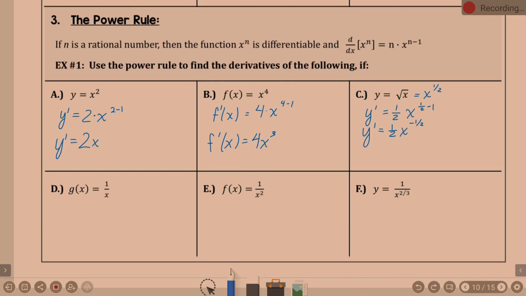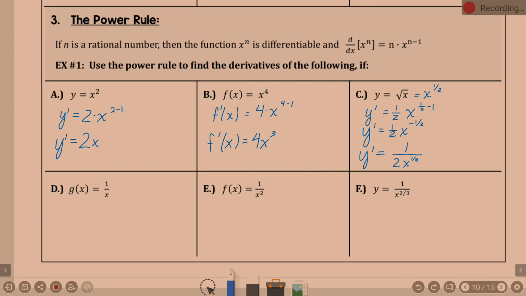So, while I said yes, we were starting on the right track, we have to go one step farther. How could I rewrite this? Move it to the denominator. So, what do we know about the 1/2? The 2 is already in the denominator, yes? The 1's going to stay up top. x to the negative 1/2. Move that to the denominator. It becomes x to the 1/2.